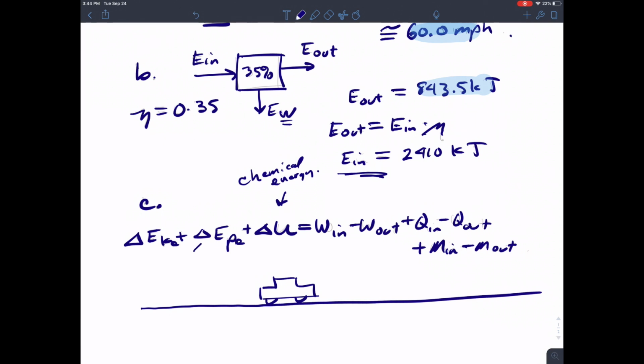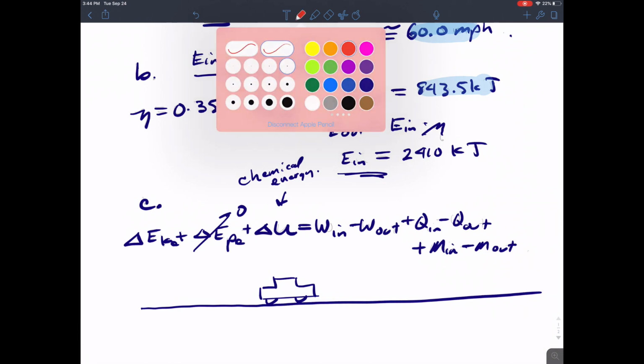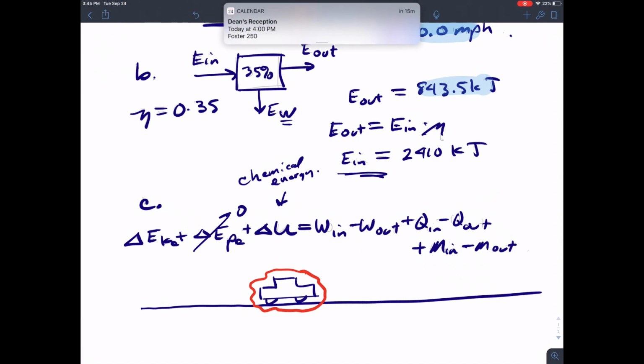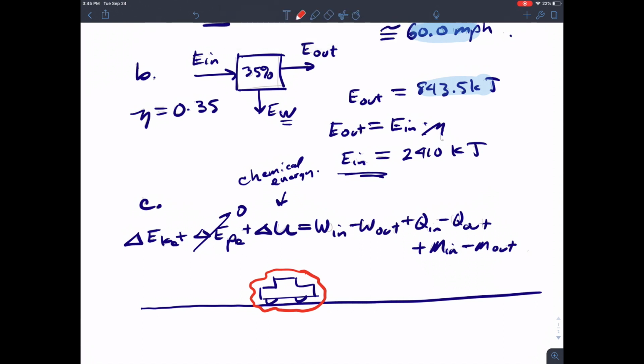We also have to define a system boundary. Let's say it's the SUV. What other things can happen? We're not applying any work to the SUV, and we're not getting any work out. The thing's just moving along.